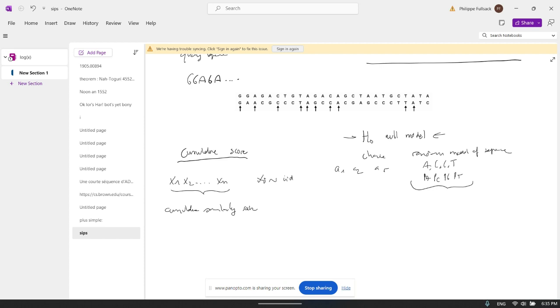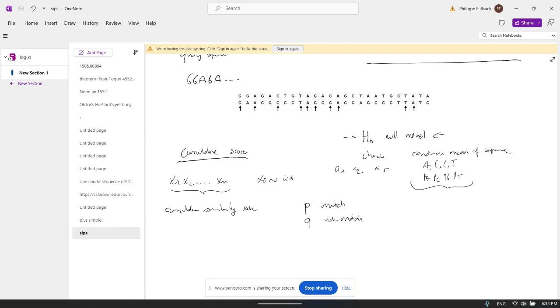Because the letters are random, I will have a probability p of match, and a probability q of non-match. This is going to be our very simple model.